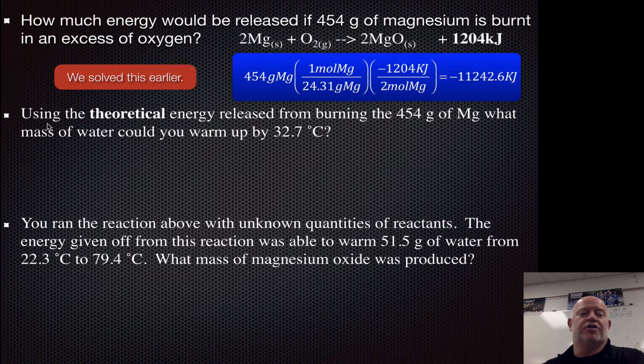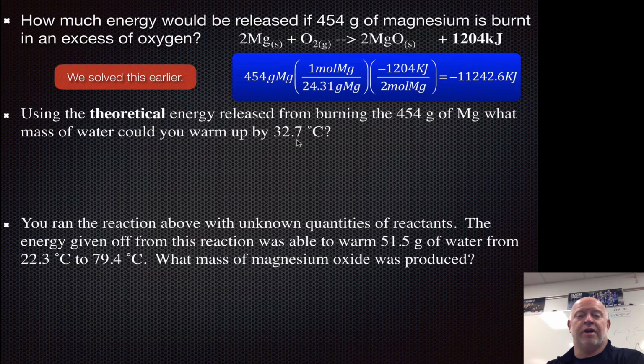Now, using this theoretical energy release from burning this, what mass of water could you warm up by 32.7 degrees Celsius? Okay, so if you think about our equation again, we're looking at this idea that the process itself, that change in enthalpy, that delta H, is going to equal the negative of MCAT, or mass times specific heat capacity times the change in temperature. Okay, so that's how you should start this.